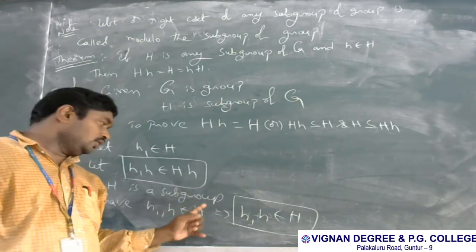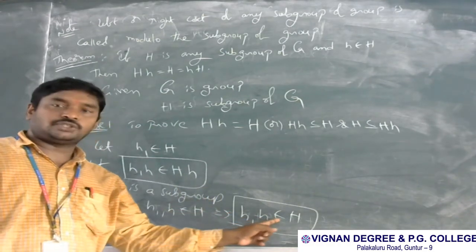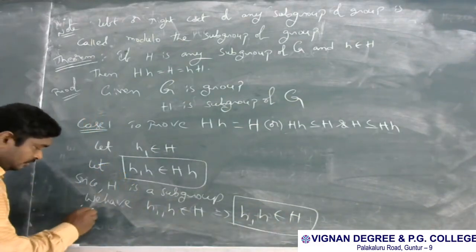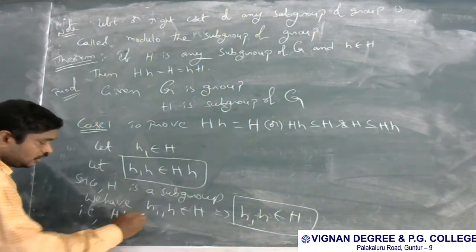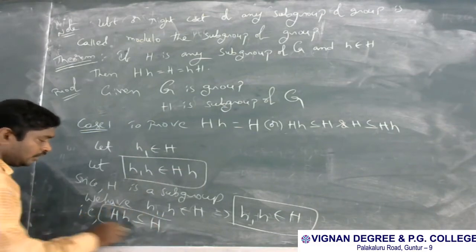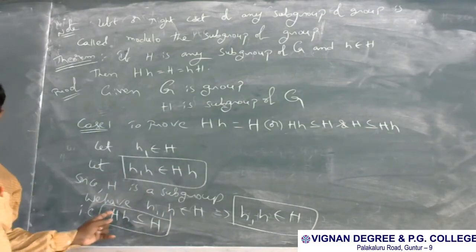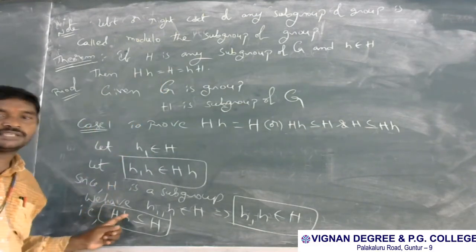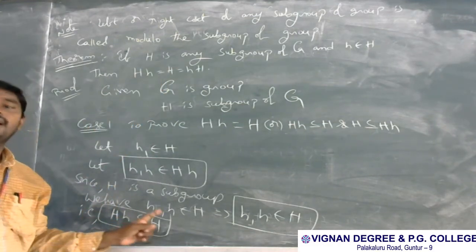Now we have proved small h1 into small h belongs to capital H. That is, capital H into small h is subset or equal to capital H.